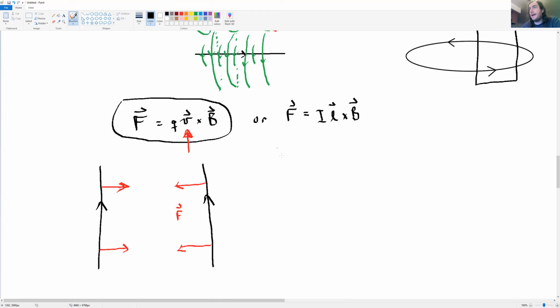And if we had current in the opposite direction, then we would have repulsive force. And these forces, of course, are equal in magnitude, opposite in direction. So I shouldn't make any of them longer than any of the others.